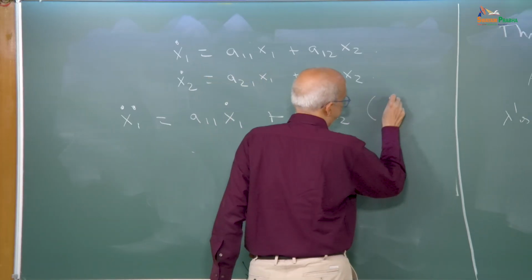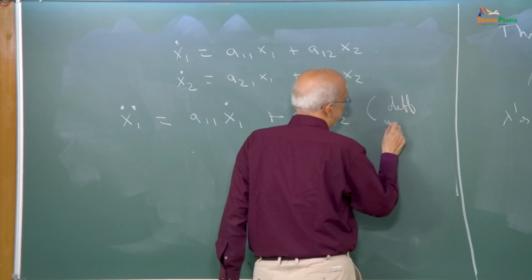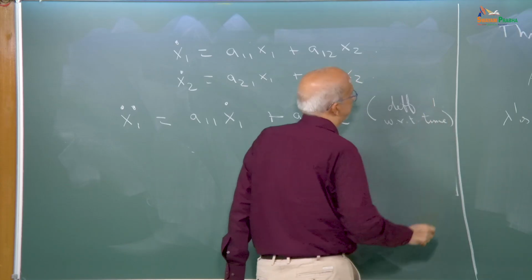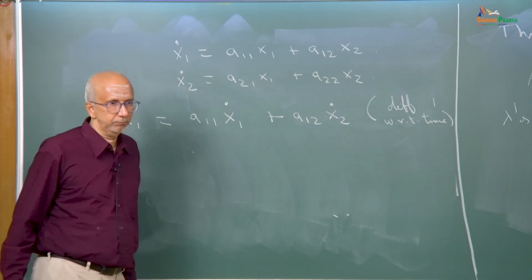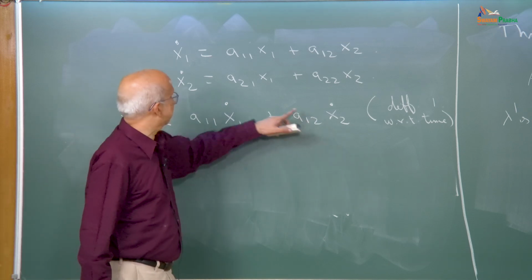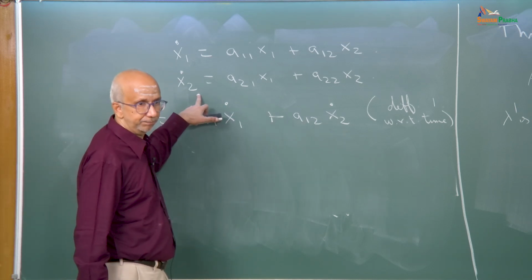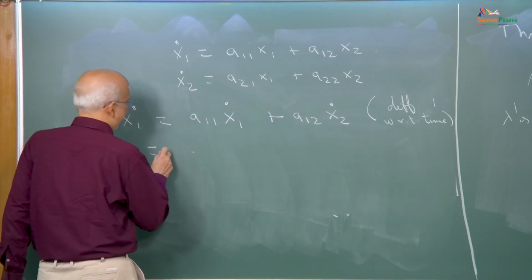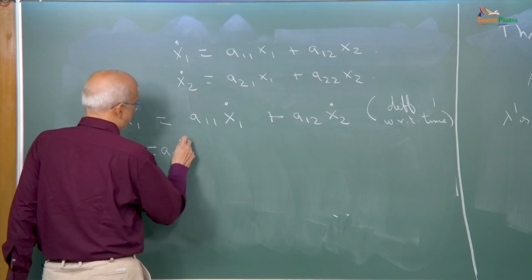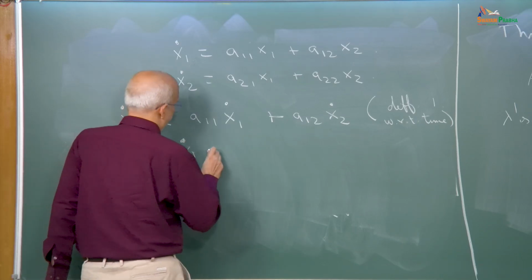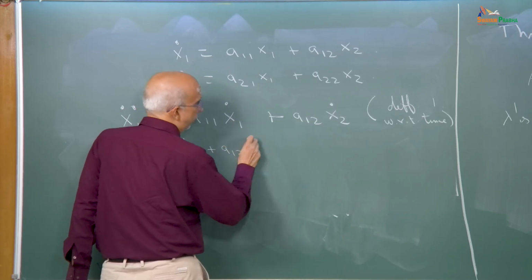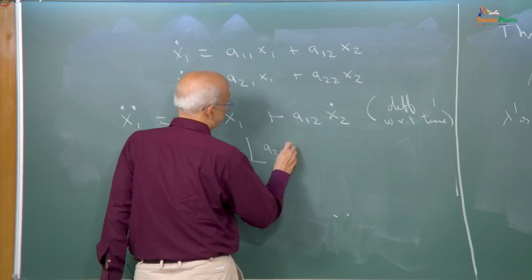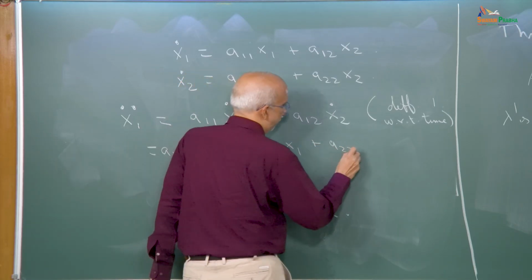That is differentiating with respect to time, equation 1. And for x2 dot I can substitute it back from this equation. So, A11 x1 dot plus A12, what is x2 dot? A21 x1 plus A22 x2.